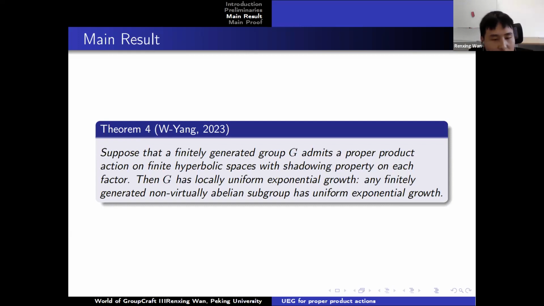Then our conclusion is that G has locally uniform exponential growth. Notice that locally uniform exponential growth is a stronger concept than uniform exponential growth. It says that any finitely generated subgroup, if it's not virtually abelian, has uniform exponential growth. So clearly, you can imagine that it is much stronger than uniform exponential growth of the whole group G, right?